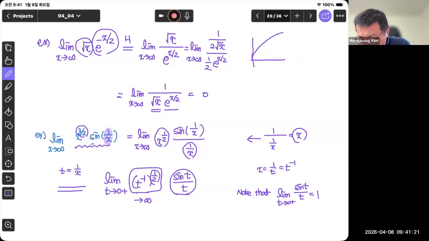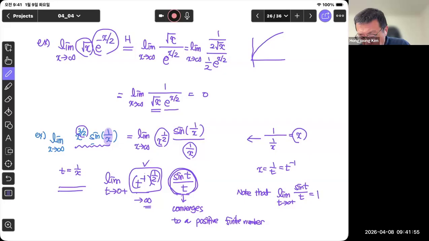So one term diverges to infinity, while the other term is approaching a finite and positive number. So this one converges to a positive finite number.